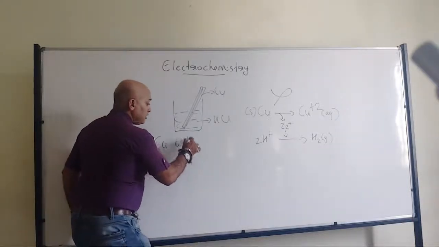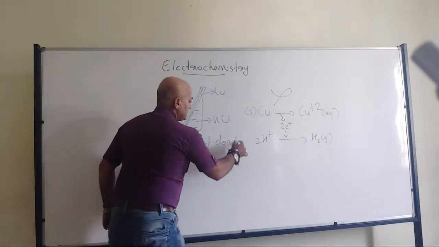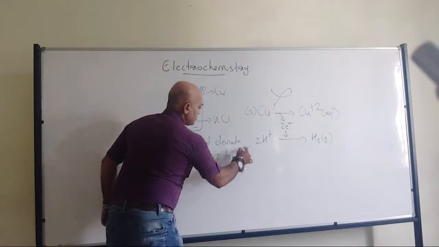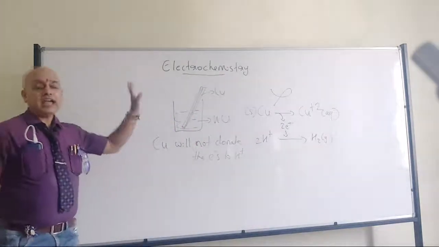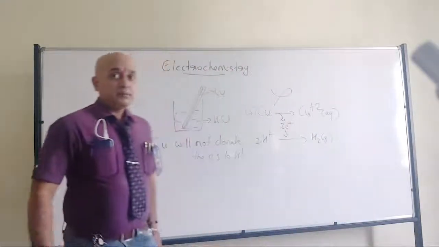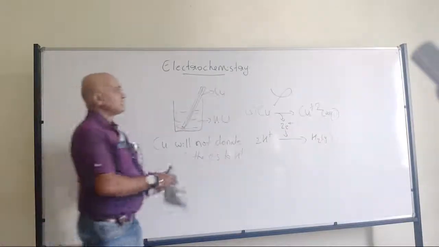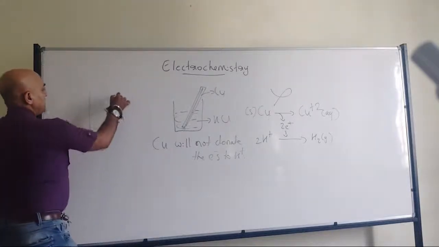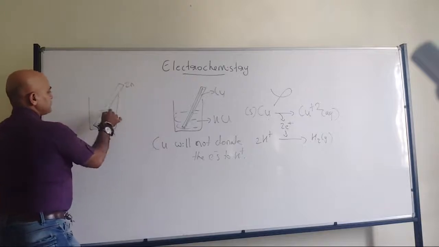Copper will not donate the electrons to H plus. So therefore the reaction cannot happen. But at the same time, if I take a zinc rod, and we assume we have HCl, and we have kept the zinc rod in this solution.